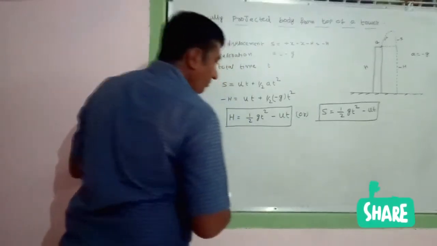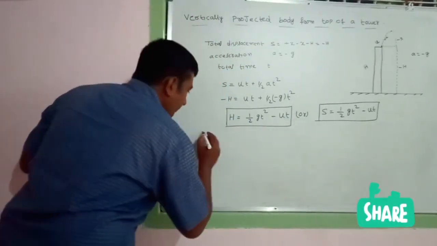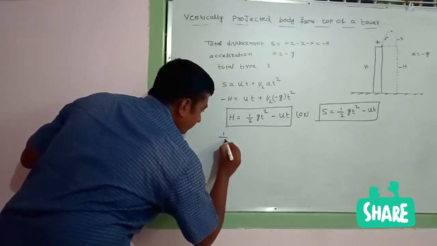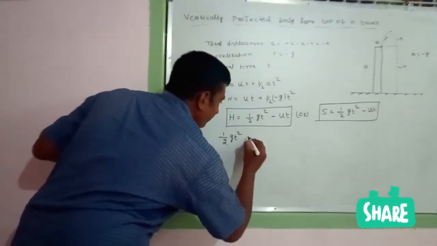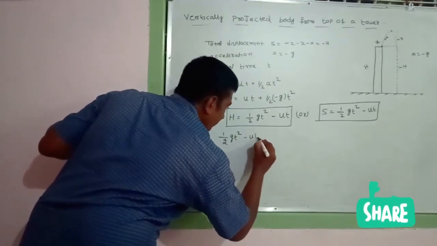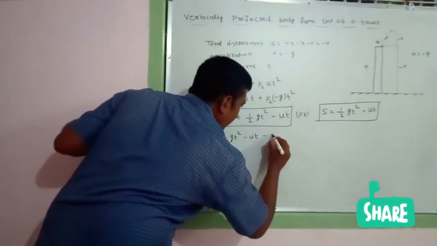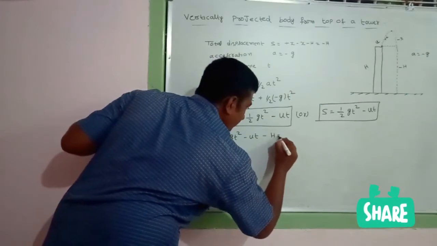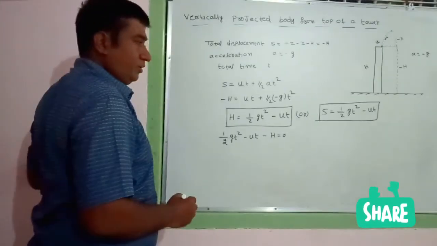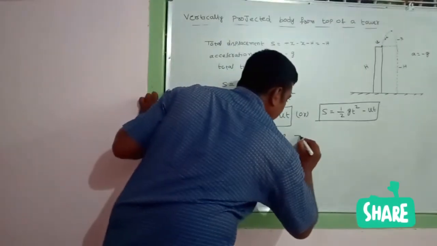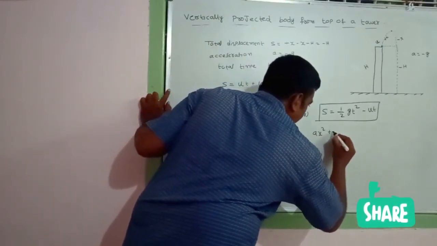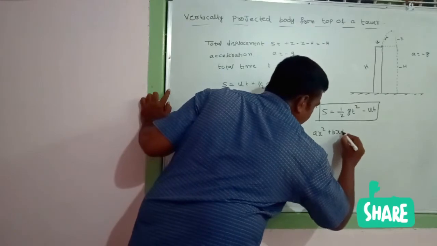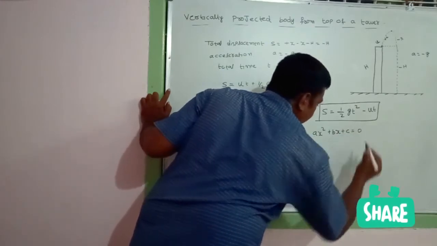Observe this equation carefully. It is of the form half g t square minus ut minus h is equal to 0. Compare this equation with a x square plus b x plus c is equal to 0.